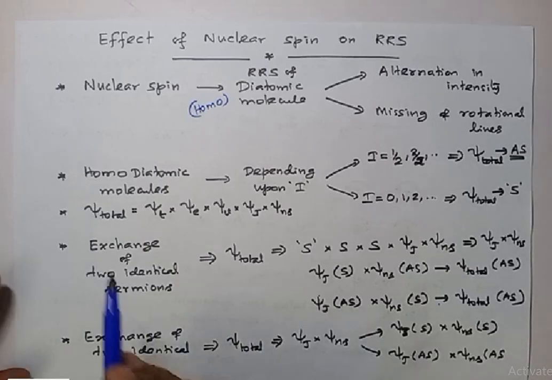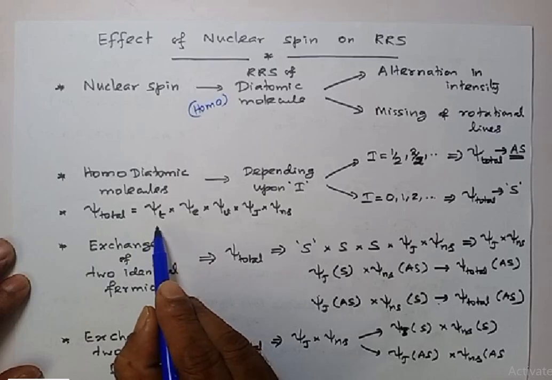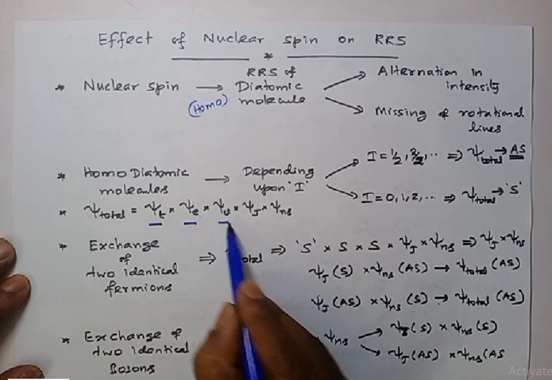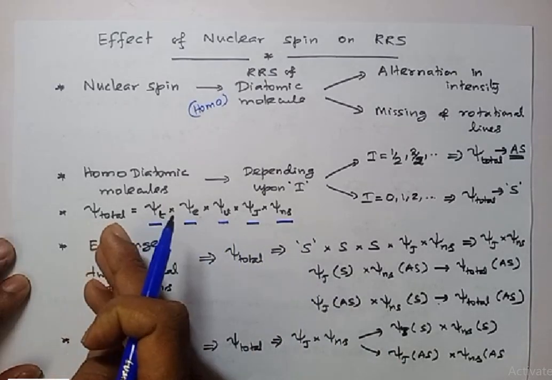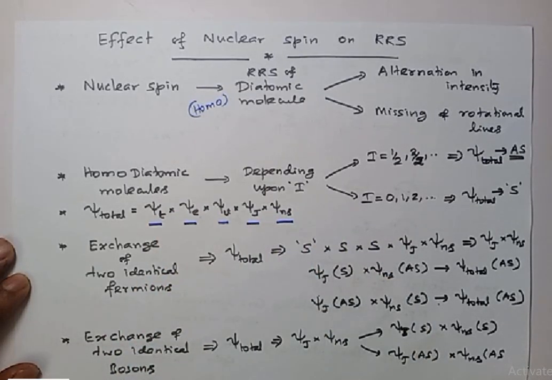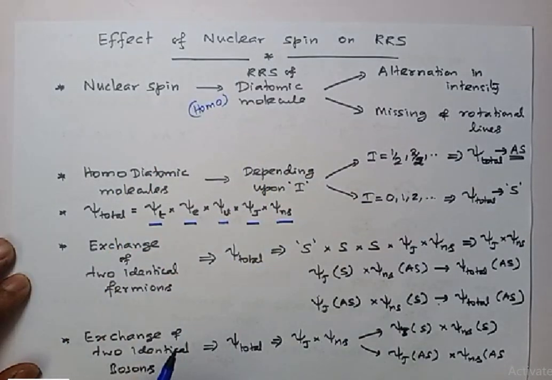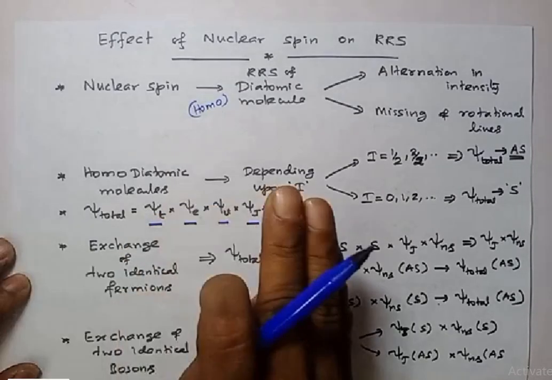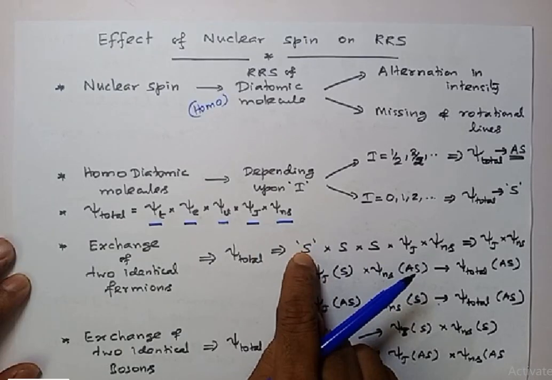Then the total wave function of the molecule is the product of translation, electronic, vibration, rotation, and nuclear spin wave functions. Total wave function is the product of all these 5 wave functions. Observe carefully. When the molecule undergoes rotation, the translation wave function does not change, which means it is always symmetric.